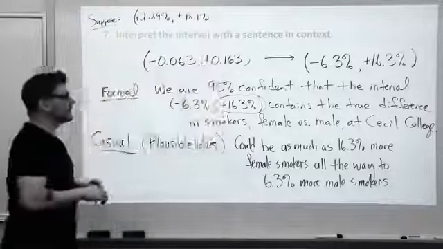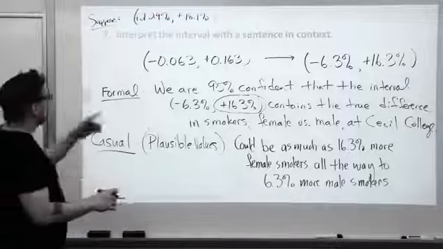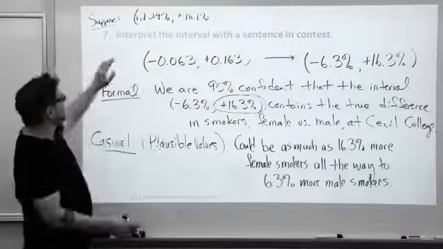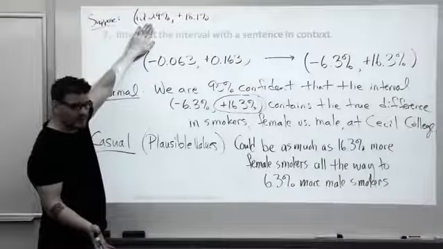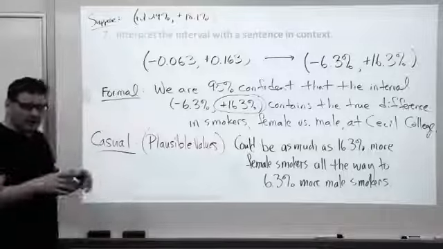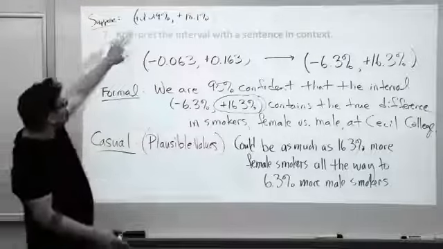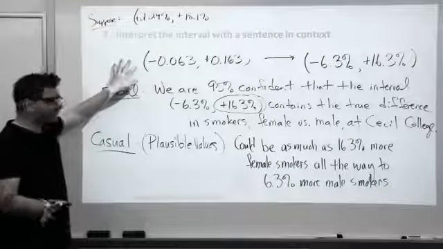And this was the difference. Now the whole interval is above 0. This is saying the plausible values would be, it could be from about 2% more female smokers up to about 18% more female smokers. Is 0 in there? It's not. This would convince me that, yes, there are more female smokers at Cecil College, percentage-wise.